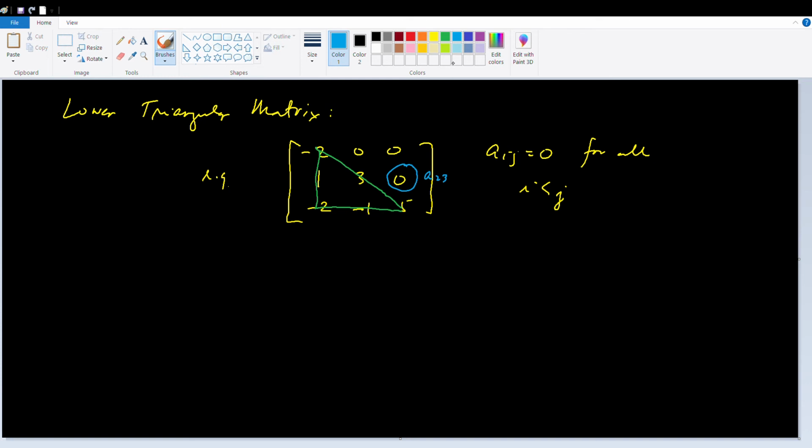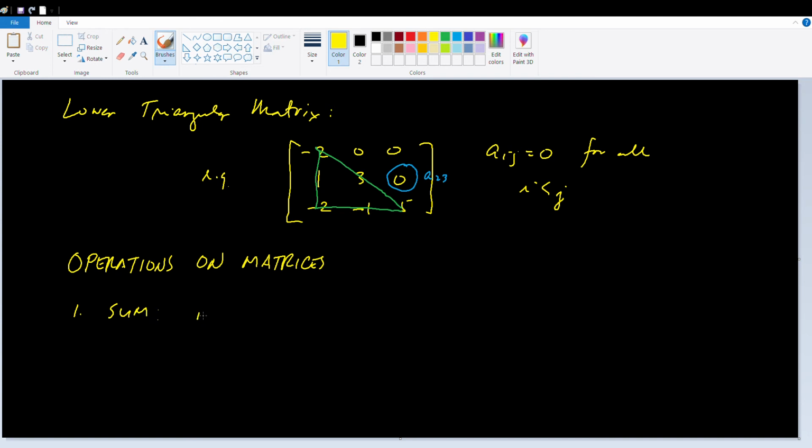Okay? Now we also have the operations on matrices. What are these operations? The first one is the sum.